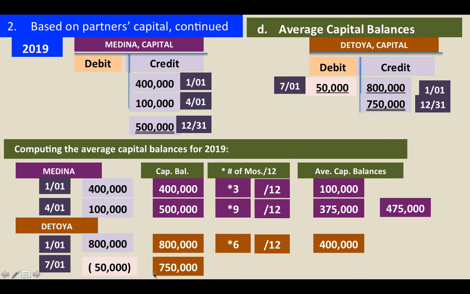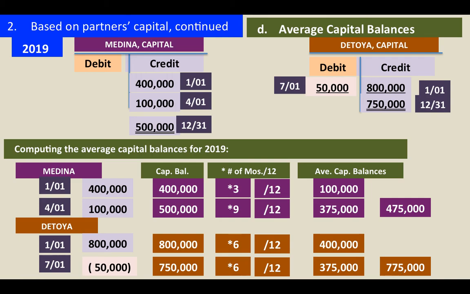And here, 750,000 times 6 divided by 12, you will get 375,000. So adding the two, for De Toya, you have an average capital balance of 775,000. Okay?